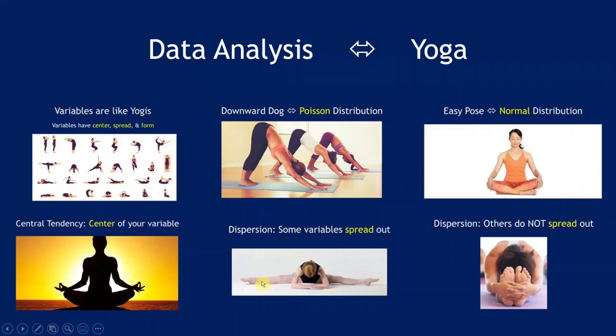Some of them are very spread out and some of them are not. And we'll have a numeric way to quantify dispersion, quantify central tendency, and quantify the distributions. So I want you to have an overall picture. We'll talk about the details in the next lecture. But right now, I want you to keep in mind this yoga analogy, and we'll be referring to this quite a bit.